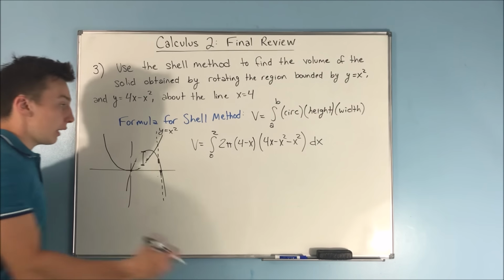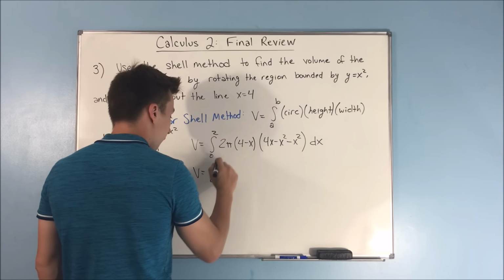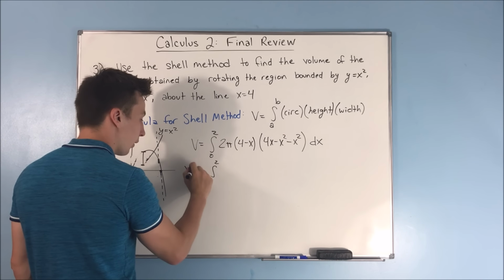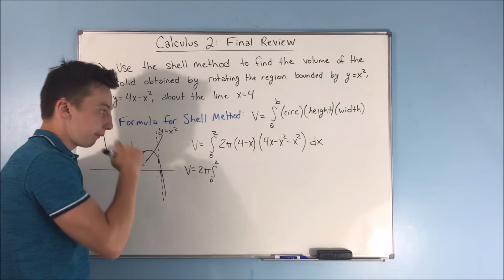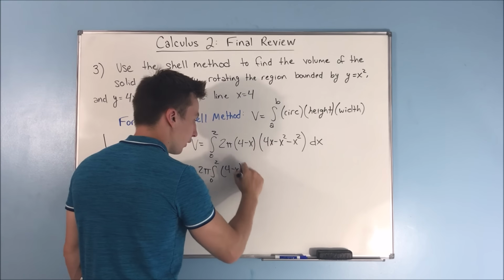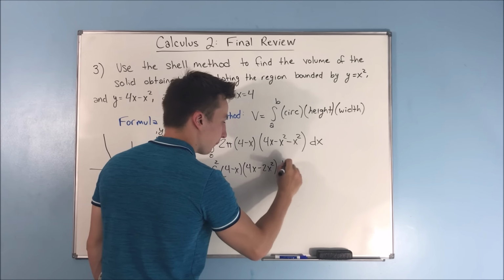Okay, so now let's simplify this down a little bit so we can integrate. We have the integral from 0 to 2. We can actually pull that 2 pi out, so why don't we go ahead and do that? Okay, and now we have just a 4 minus x times a 4x minus 2x squared dx.